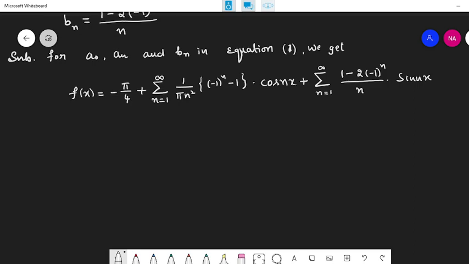Now I can rewrite this. Okay, before going to that, first determine this one. We have minus 1 power n minus 1 equal to, okay, I have to consider two cases, n odd and n even.